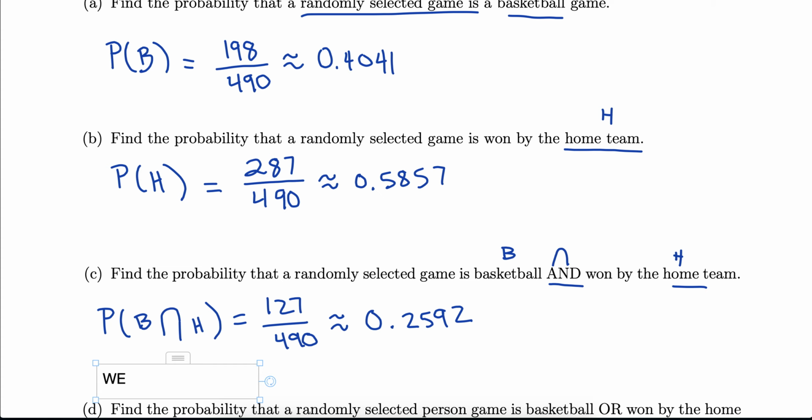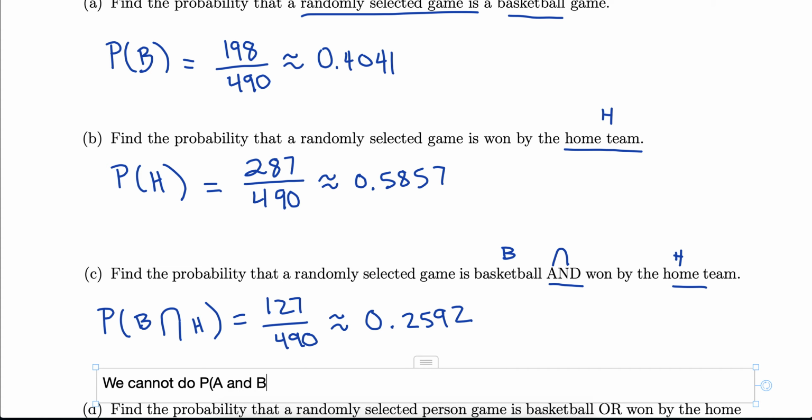Let's say we cannot do probability of B and H equals probability of B times probability of H, because we do not know if the events are independent.